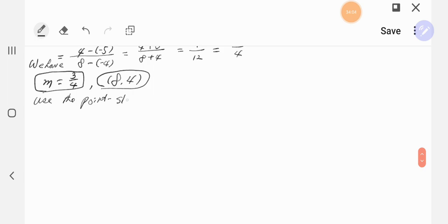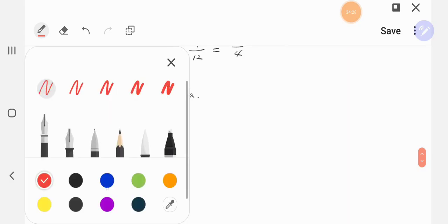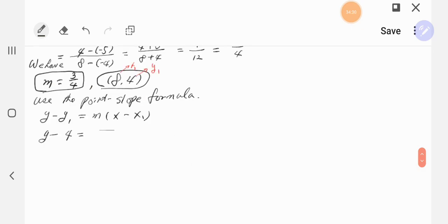So y minus y1 is equal to m times x minus x1. What's the y1? We are using this point, (8, 4). So y1 is 4, right? So this is x1 and this is y1. And then slope is 3/4 times x minus x1.